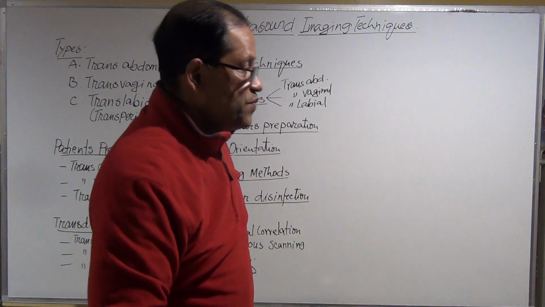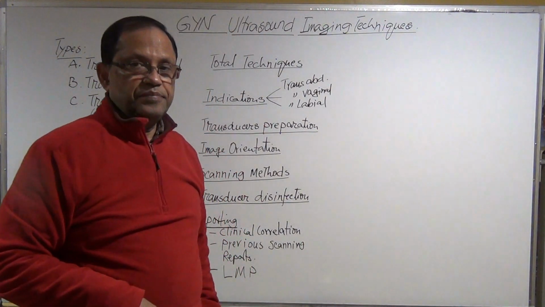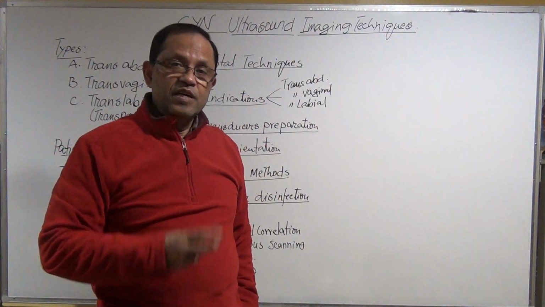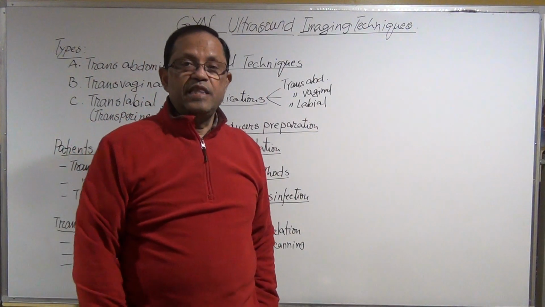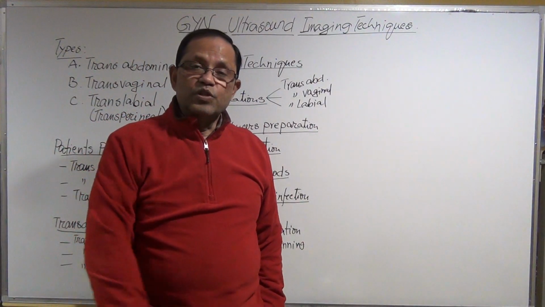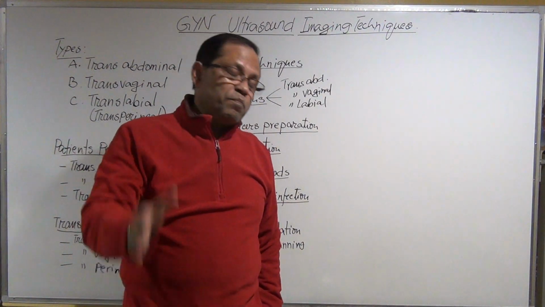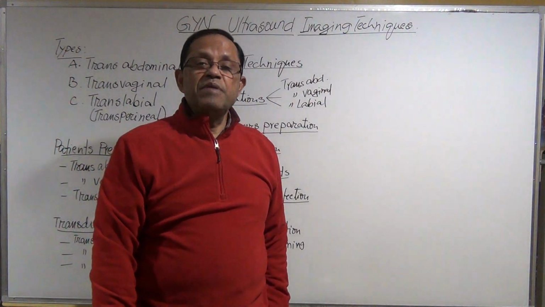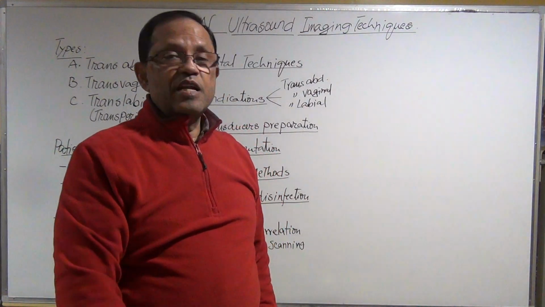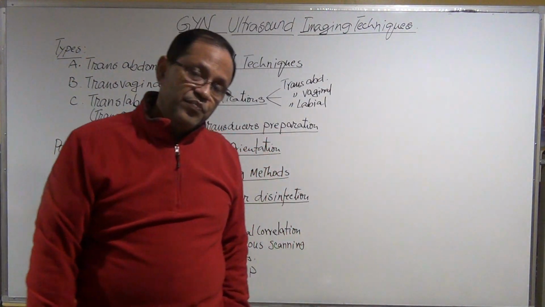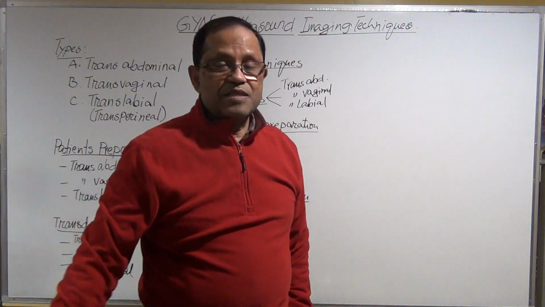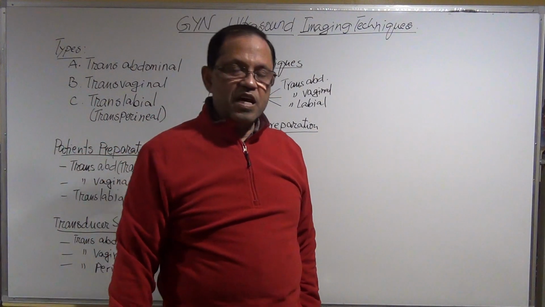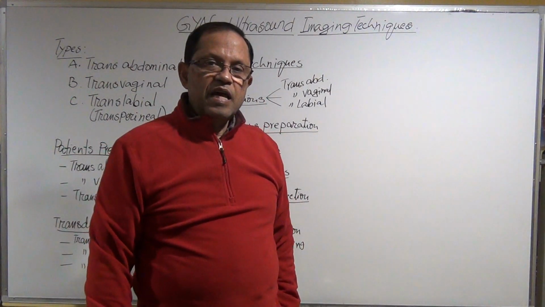That's why nowadays every clinic does pelvic ultrasonography in both ways. They will do it with a full or partially full bladder, whatever it is. They will take images through the bladder, transvesically. Then they will ask the patient to go to the bathroom, empty the bladder, and come back.